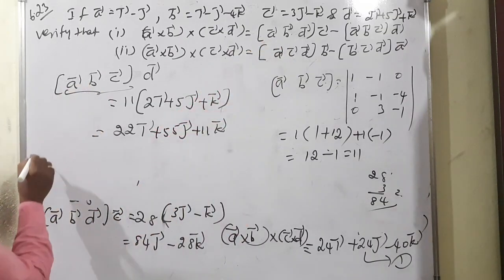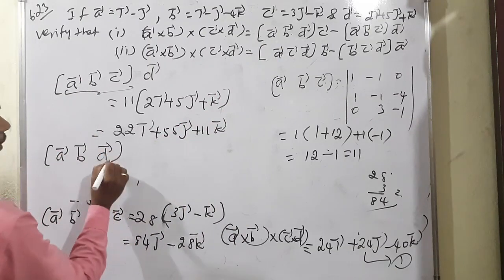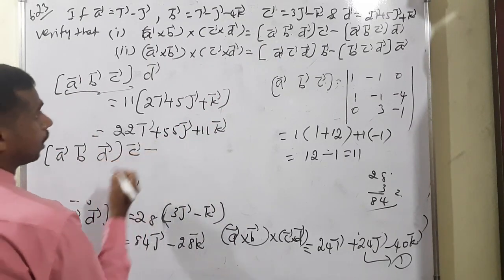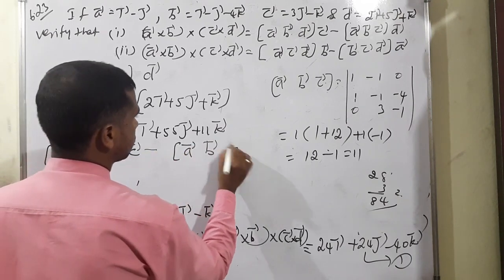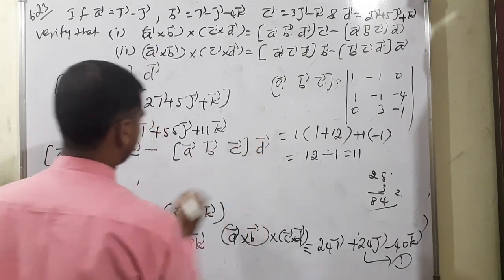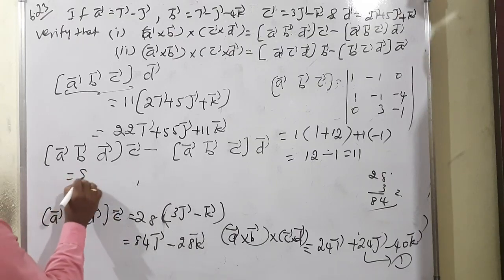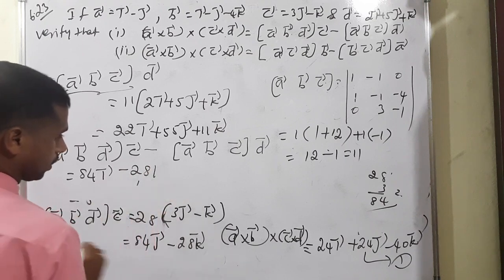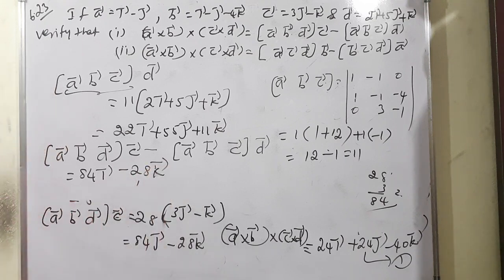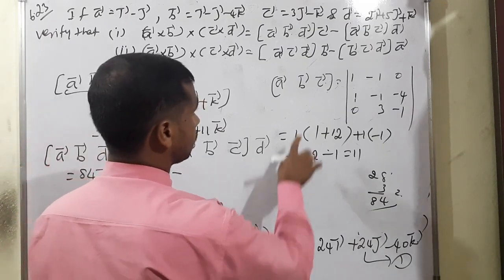So minus means box product of ABD into C vector minus box product ABC into D. This is the value: ABD into C is equal to 84j minus 28k. Then minus of ABC into D. So where is it?